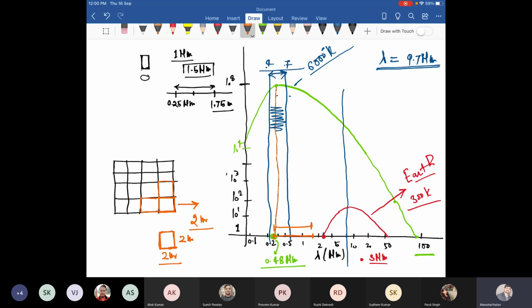And the total energy which is coming out, if I discuss that part again: let's assume this is the location of the sun, and this is the entire electromagnetic radiation in which the energy is coming.